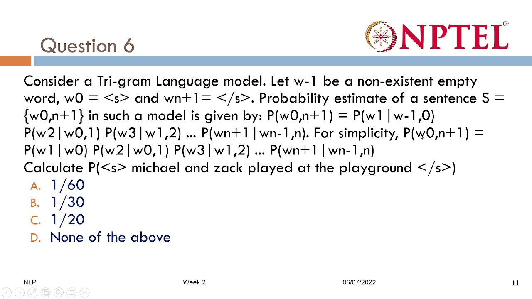They are saying that originally we compute the trigram probability based on this formula, but for simplicity in this question, for the n plus 1th word, you can just consider the probability based on just the previous word. Okay, now you try to solve this question.